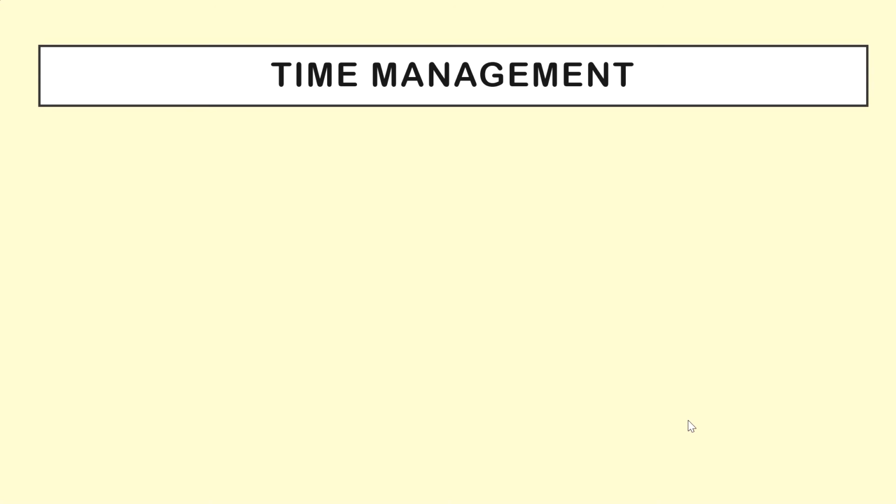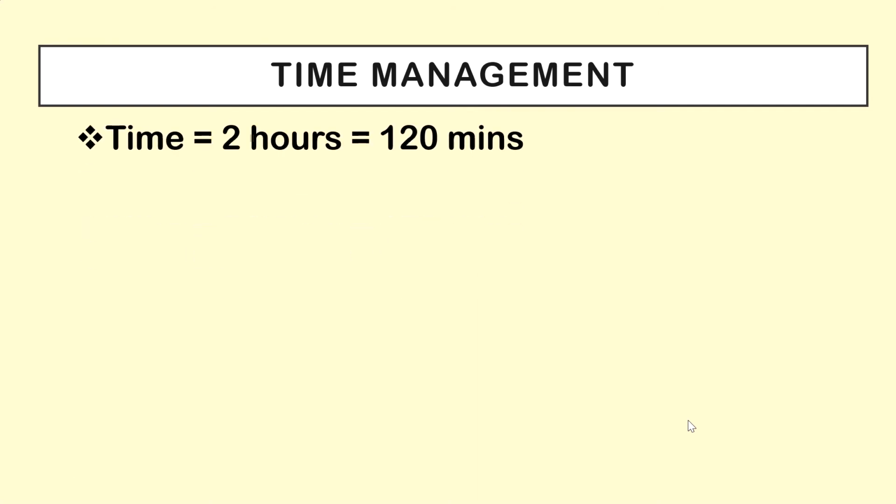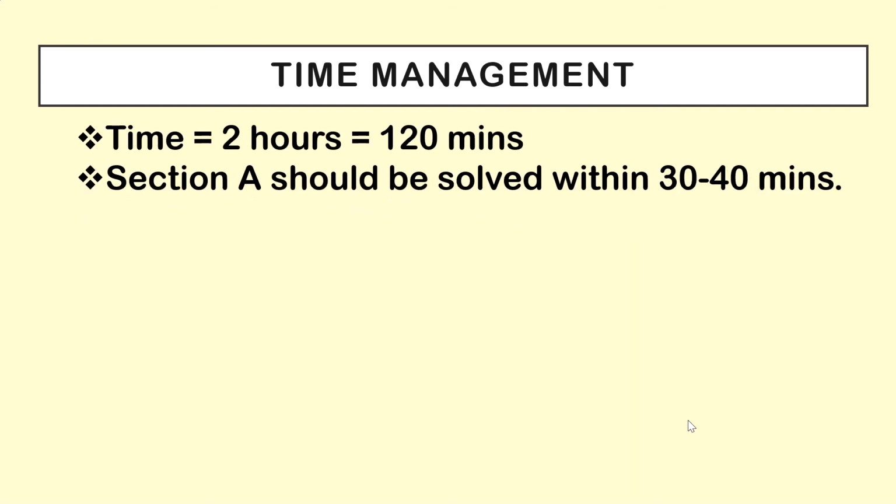Let's come to understand how to manage the time. Generally other subjects carry 80 marks for a 2 hour paper, but in computer applications a 100 marks paper carries 2 hours, so 120 minutes.